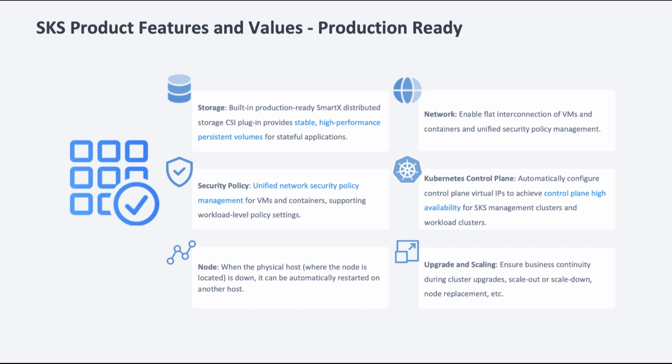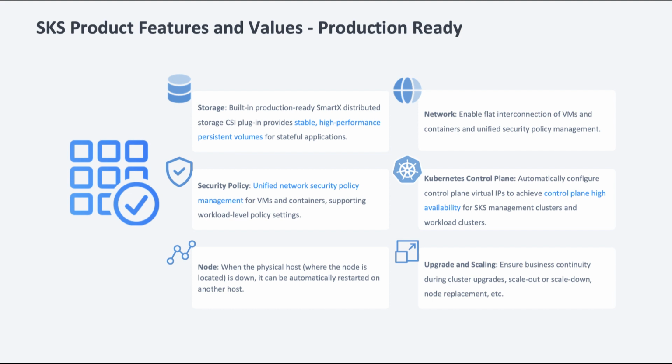Through ECP, flat network management of virtual machines and containers is achieved. Container applications and traditional virtual machine applications can interconnect and communicate. And unified security policy management is performed on virtual machines and containers to support workload-level policy configuration.